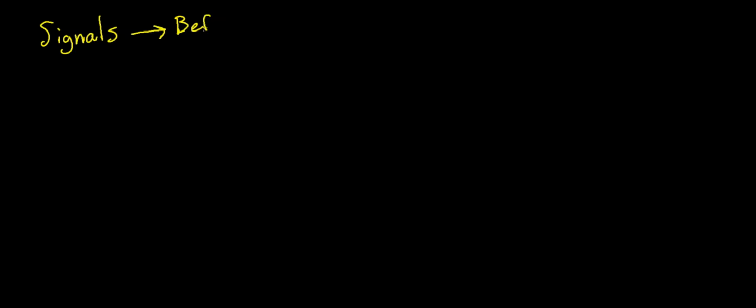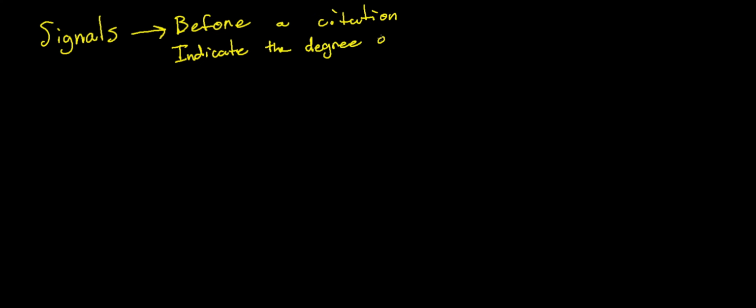I'll say before a citation, and they indicate the degree of support that the cited authority provides to your claim. Hopefully that will make more sense as we talk more about it.